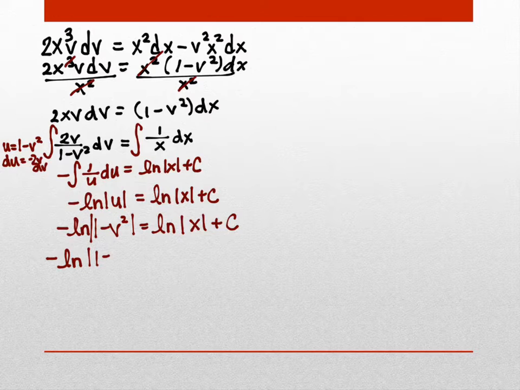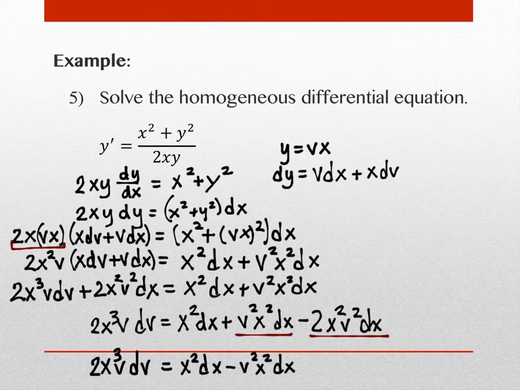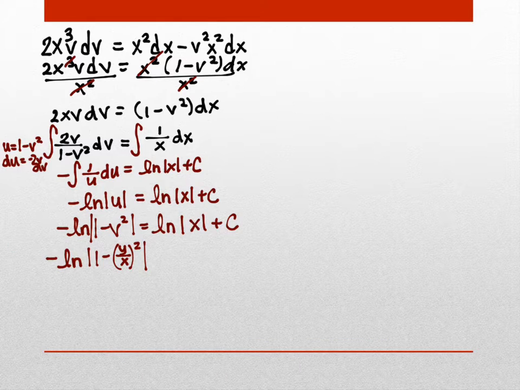It is y over x. Back on the previous screen, v was, what did I write it as? Y was vx, so v is y over x, which is now what I have there. Good. And this equals the natural log of the absolute value of x plus c. And they're c1s because we're going to change them into c's later.